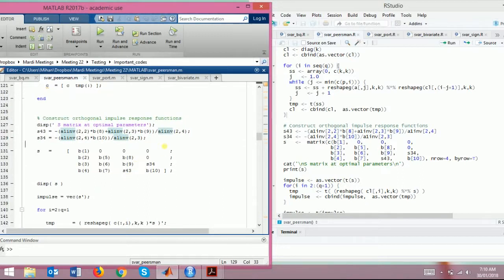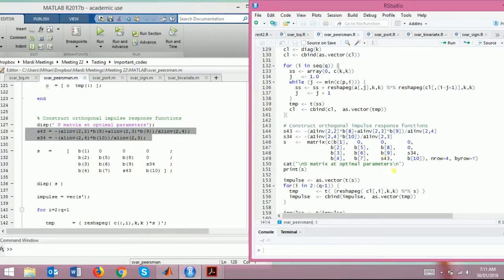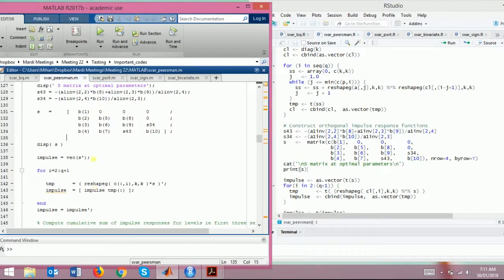Then we do impulse response function. We are again coming back to the S that we estimated. Impulse is vectorizing S, we are taking the vectors. Then we know impulse is 0, I equals 0 to h minus 1, or I equals 1 to h.